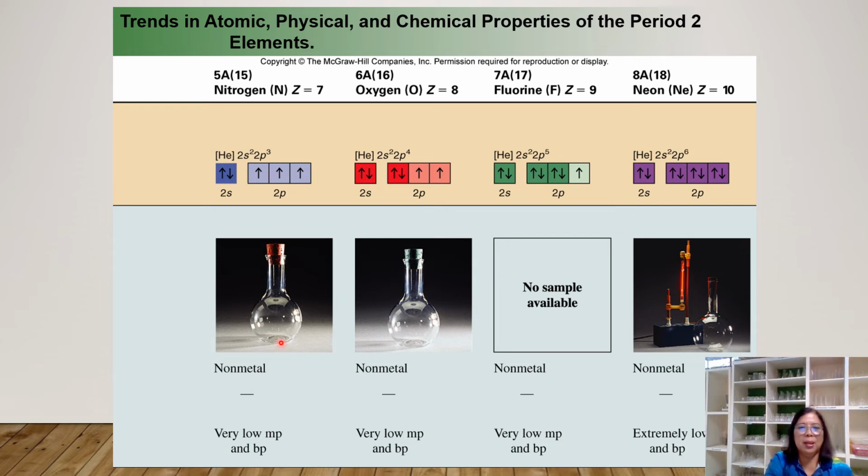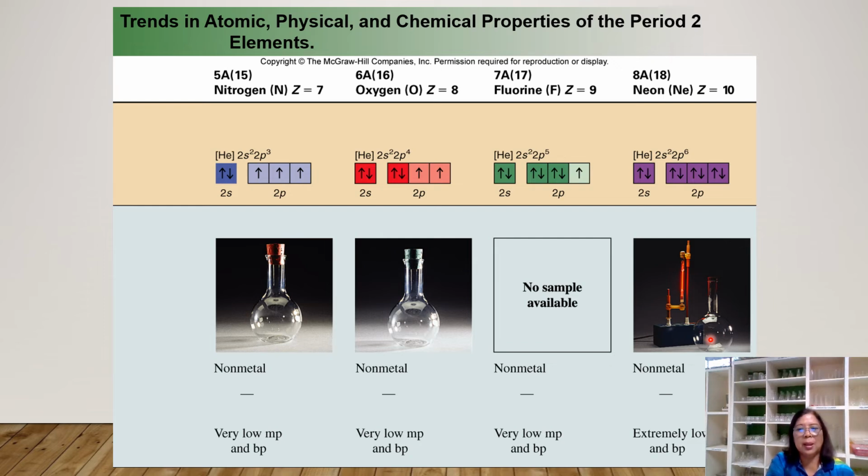The picture here contains nitrogen, in this case oxygen, no sample for fluorine, and then you have here neon. So highly implied, they are all gases.